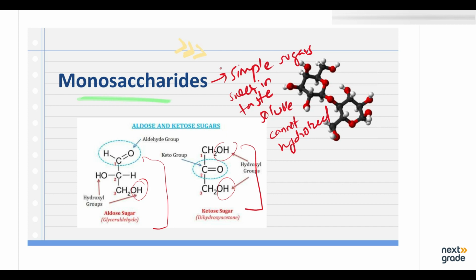This is the structure of glyceraldehyde, a 3C sugar. The aldehyde form is glyceraldehyde, and the ketonic form is dihydroxyacetone, right?